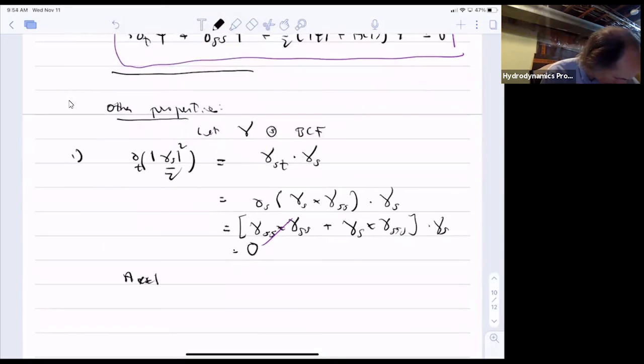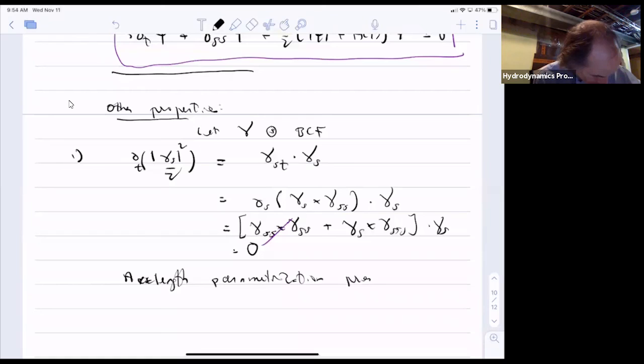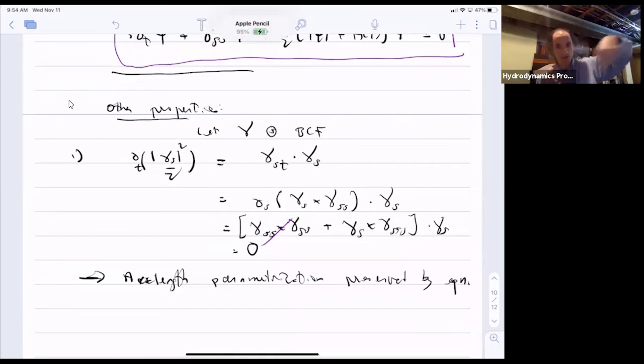Arc length parameterization is preserved by that equation. And so the integrator tells me also if I have a closed curve, the length will be preserved by the equation. The length doesn't change.